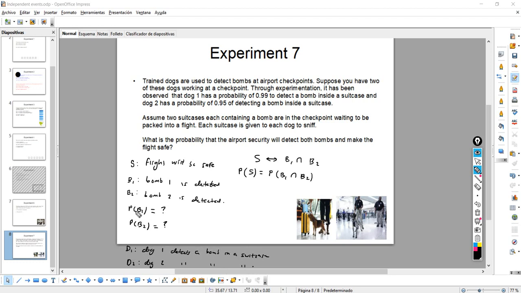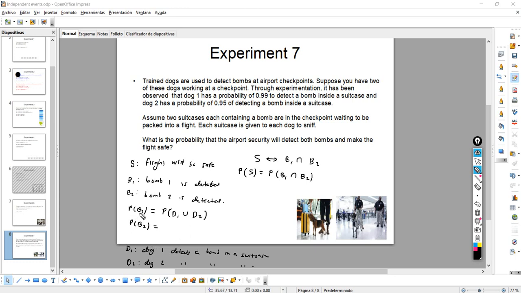Well, the probability that bomb 1 will be detected is basically equal to the probability of either dog 1 or dog 2 detecting the first bomb. You see, so in this case it's going to be an or.